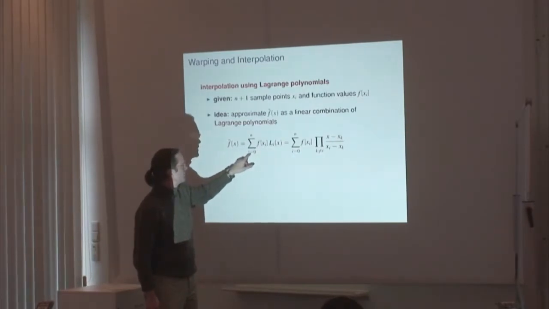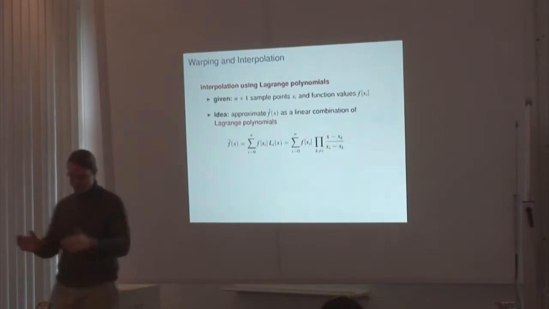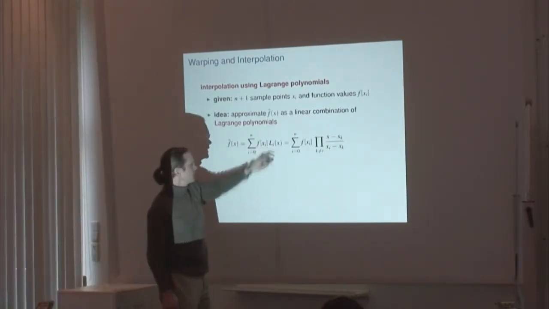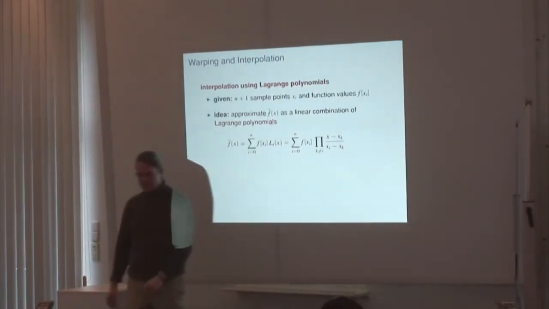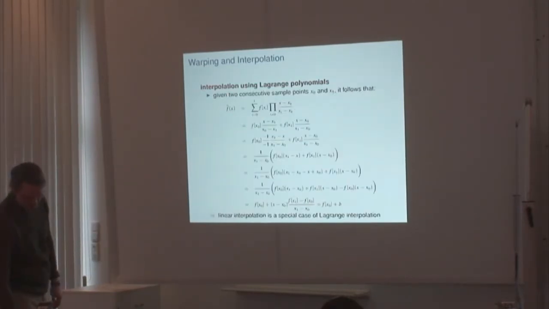So for every interval in our sampled function, we have a polynomial Li, and they are given like this. This is the idea of Lagrange interpolation.